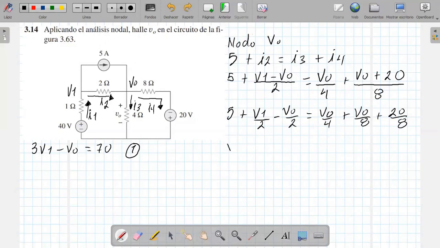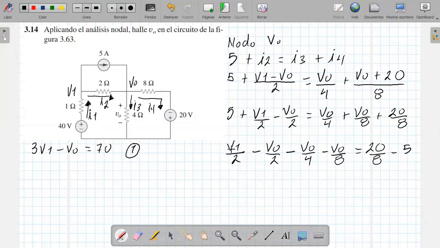So I'm going to have V1 over 2 minus V sub 0 over 2 minus V sub 0 over 4 minus V sub 0 over 8 equal to 20 over 8 minus 5.